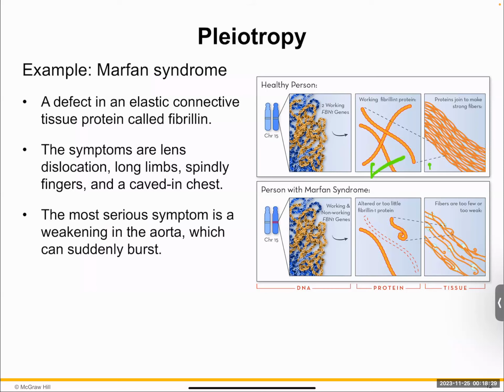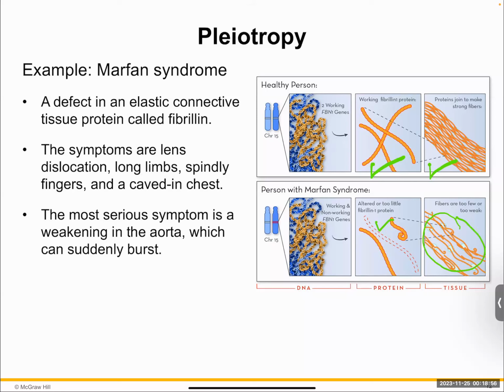It forms beautiful linkages together, making this elastic fiber very strong. However, if you have an alteration in the corresponding gene, your fibrillins are too short and more curved, and therefore, when they form together, the linkage between them is very weak.